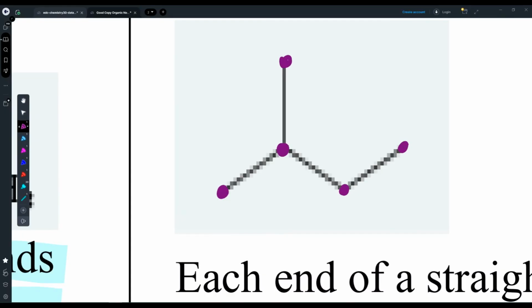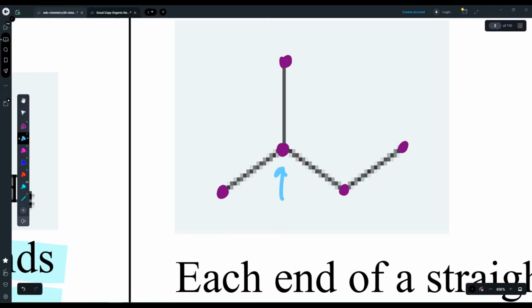Okay. And even though they don't show it, there are implied hydrogens, and there's enough so that there's 4 bonds to carbon. So this carbon has 3 implied hydrogens because we need 3 bonds to this carbon so that it has a total of 4, right? The 4th one being this bond.